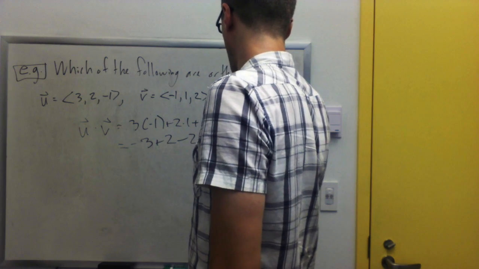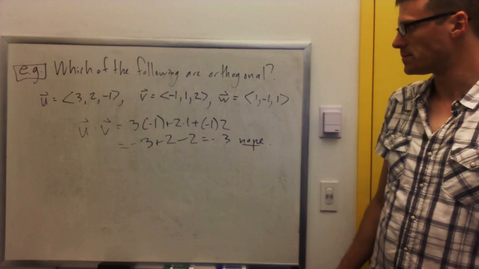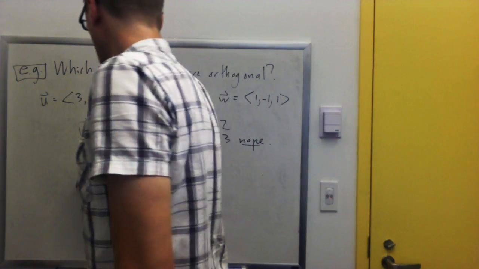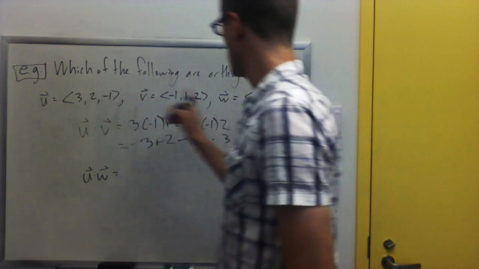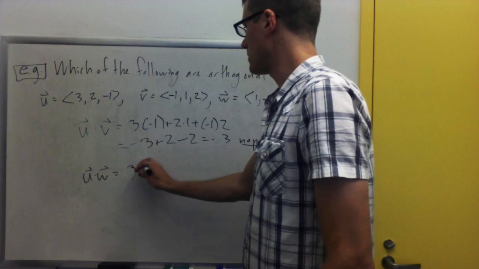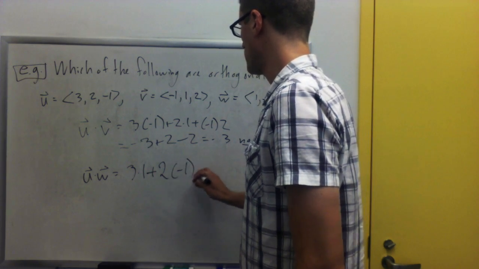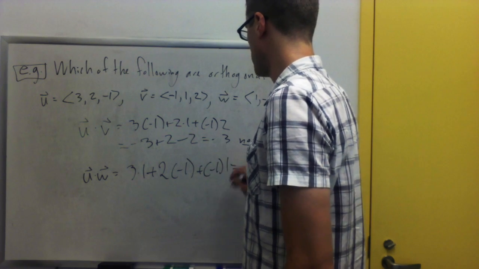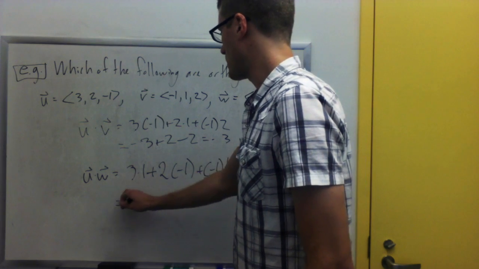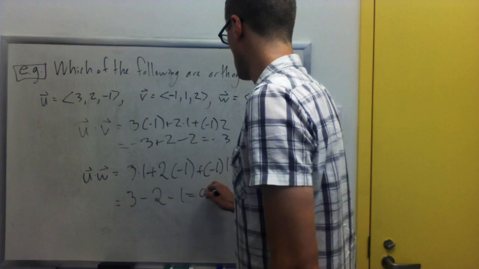So note, they are not orthogonal. How about u dot w? That's 3 times 1 plus 2 times negative 1 plus negative 1 times 1. This gives us 3 minus 2 minus 1, which is 0.